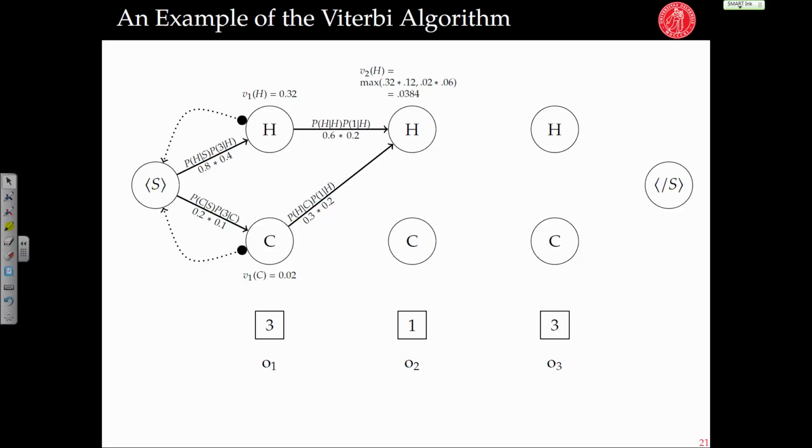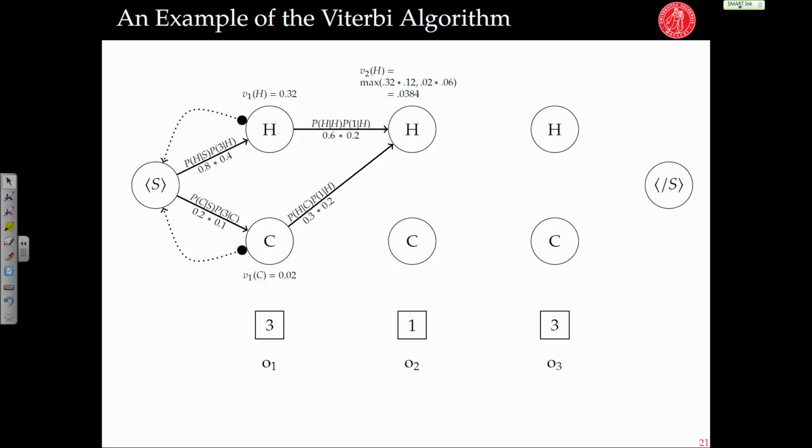So here, we are at state H in time point 2 now, so O2. And there are two ways that we could arrive at this state. We could move from a hot state to a hot state, or from a cold state to a hot state. So there are two possibilities now.